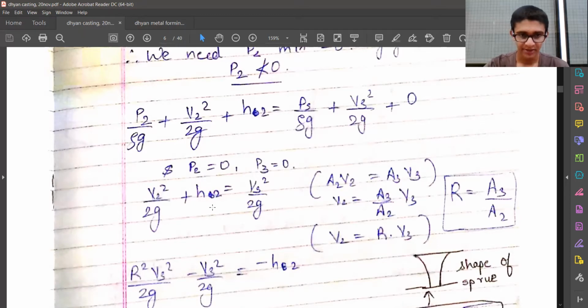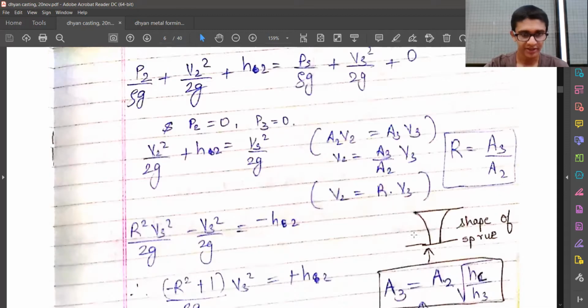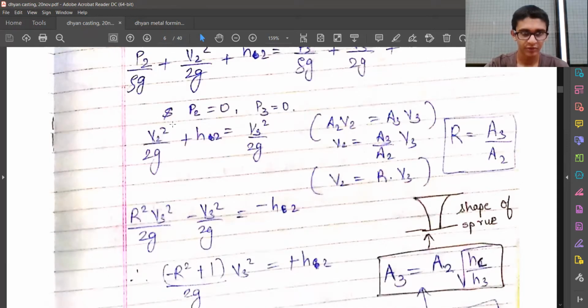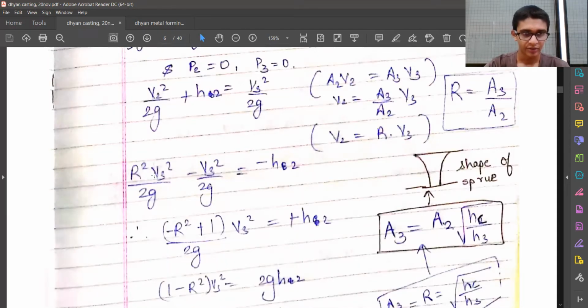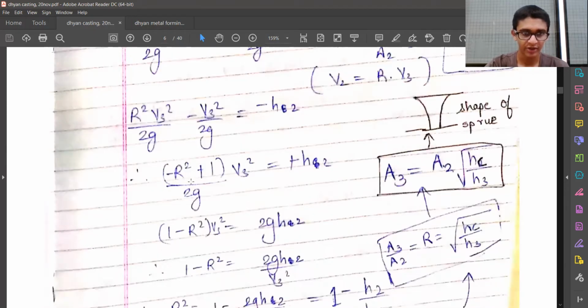Hence, let me substitute V2 is equal to A3 by A2 into V3. And I'm going to use R is equal to A3 by A2. That is another constant I'm making. So V2 is equal to R into V3. Now I'm going to substitute this over here, and R square V3 square by 2g, taking this term over here, this term over here. That's what I've got: minus (R square plus 1) by 2g into V3 square is equal to H2.